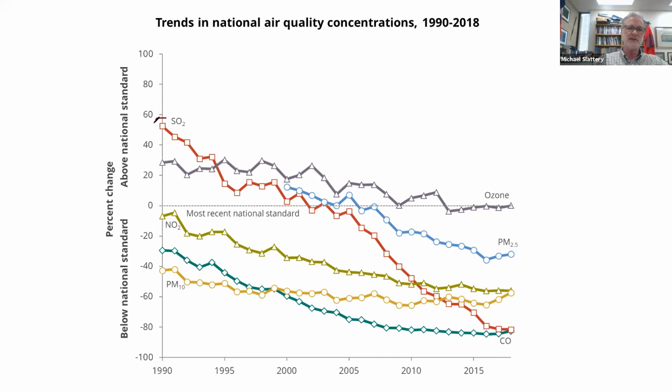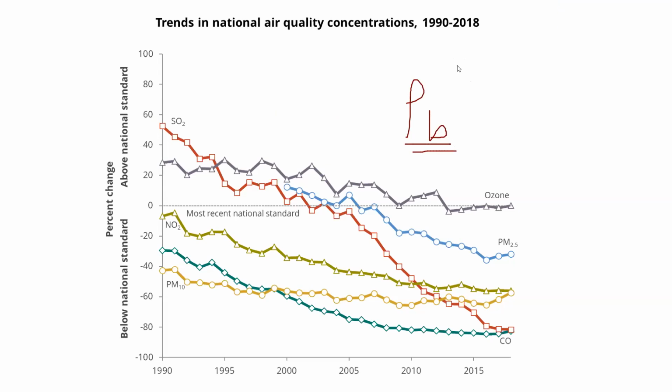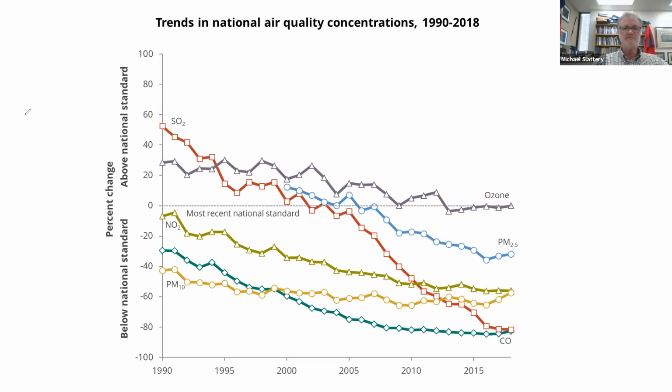In other words, if I take this data point over here, sulfur dioxide in 1990 was about 52% above the national standard on average for the United States, right? Each one of those data points represents many, many millions of readings summarizing the pollutants. Incidentally, lead is not on here, right? Because lead concentrations now are so low because of unleaded gasoline that they don't plot up on this.